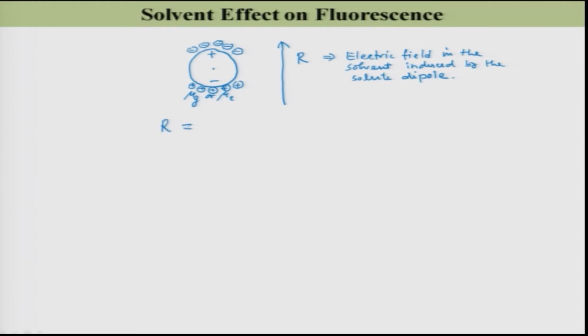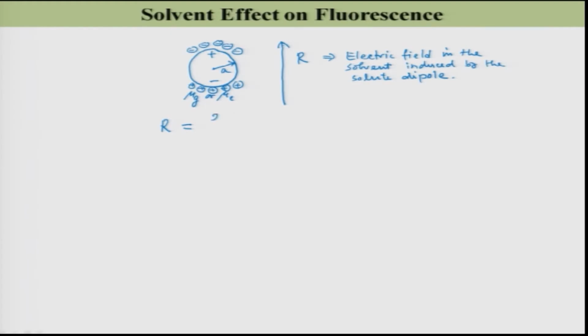the radius over here, which is A, and the property of the solvent. Some molecules will be polarized more efficiently, some others not. So, that will be the property of the solvent.